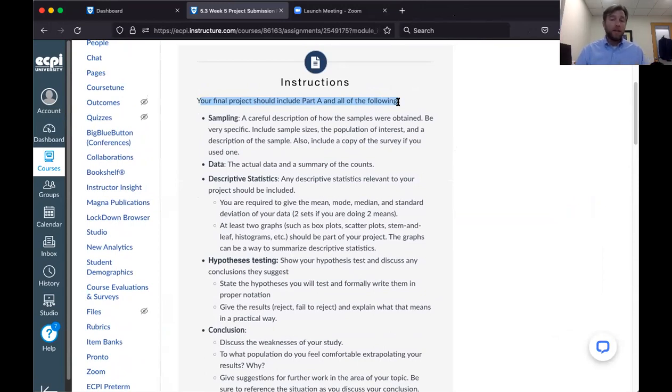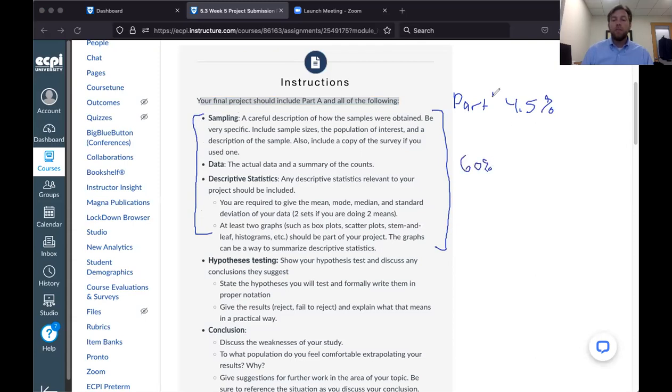Even though part A itself is only worth 4.5% of your grade, what's interesting is that part B comprises the portion that you did for part A, and that is 60%.